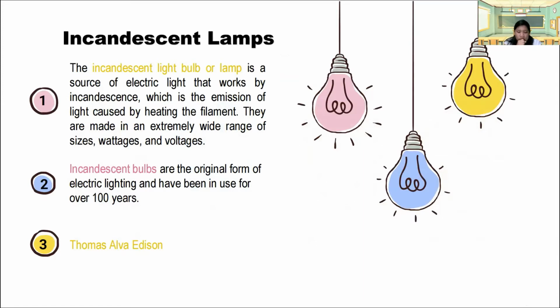While Thomas Edison is widely considered to be the inventor of the incandescent bulb, there are a number of people who invented components and prototypes of the light bulb well before Edison did.